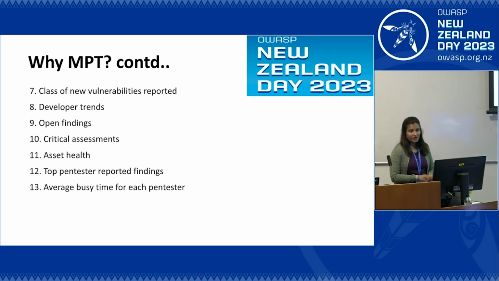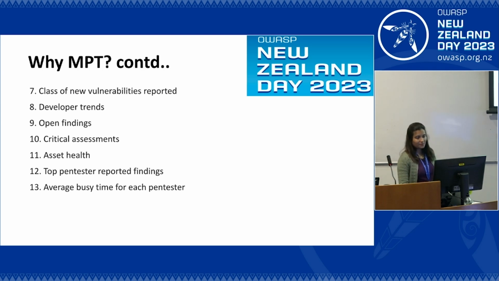Top pen tester reported findings. Here you can analyze whether your internal pen testing team is on par with your third-party pen testers or your bug bounty hunters. You can basically find trend analytics of which team is giving you the best output.